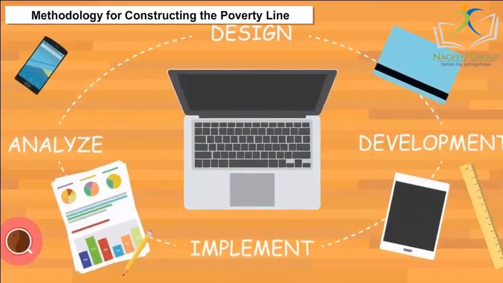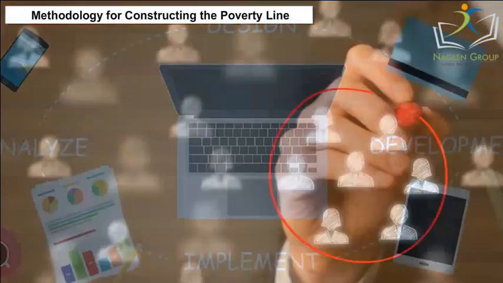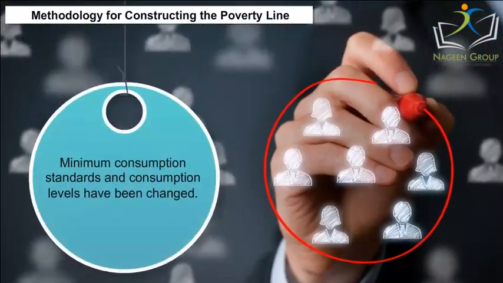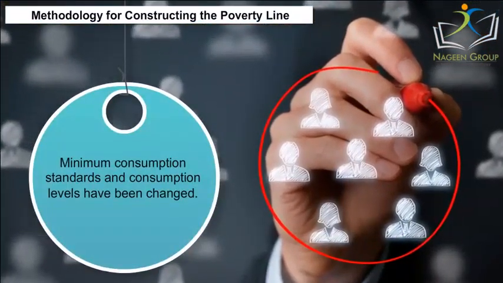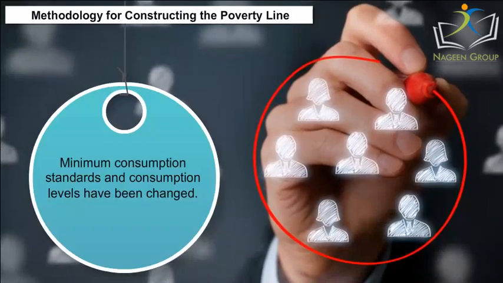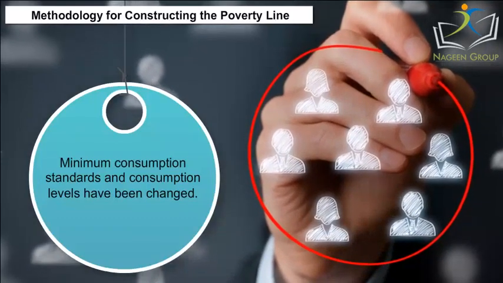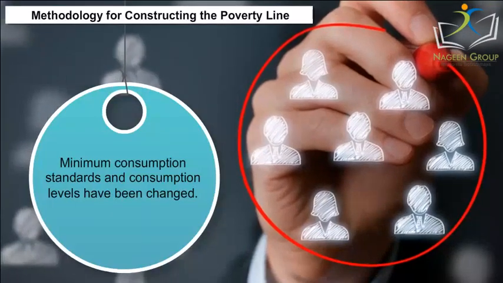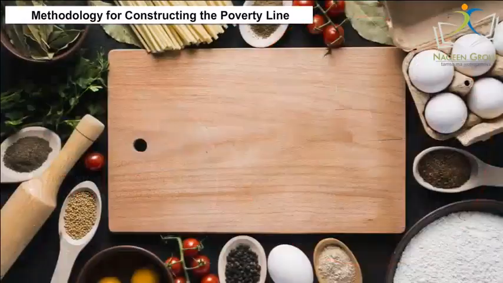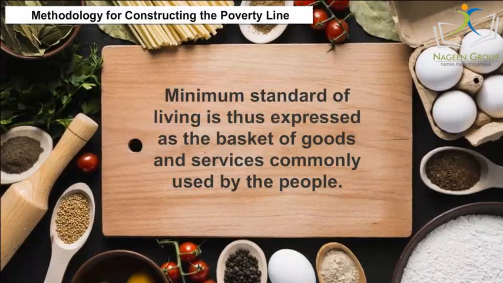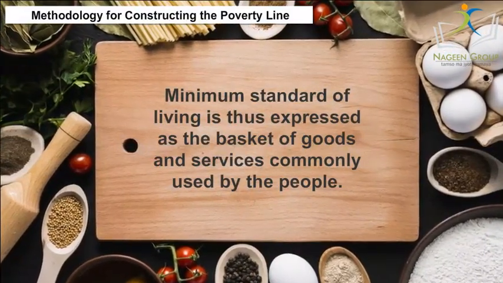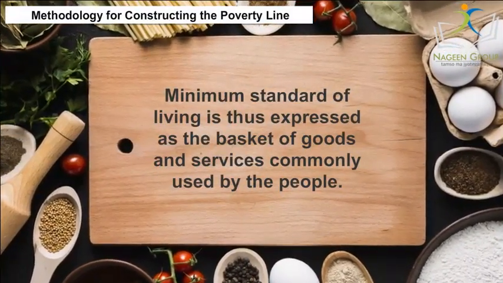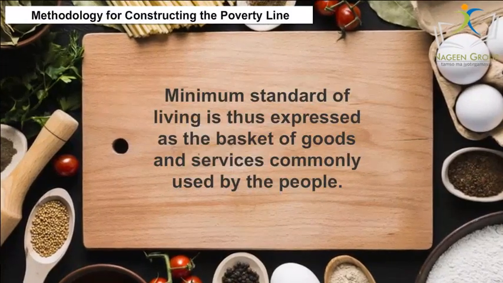Methodology for constructing the poverty line. The concept of minimum consumption standards and consumption levels has been changed based upon the recommendations of various expert groups or task forces. Minimum standard of living is thus expressed as the basket of goods and services commonly used by the people.